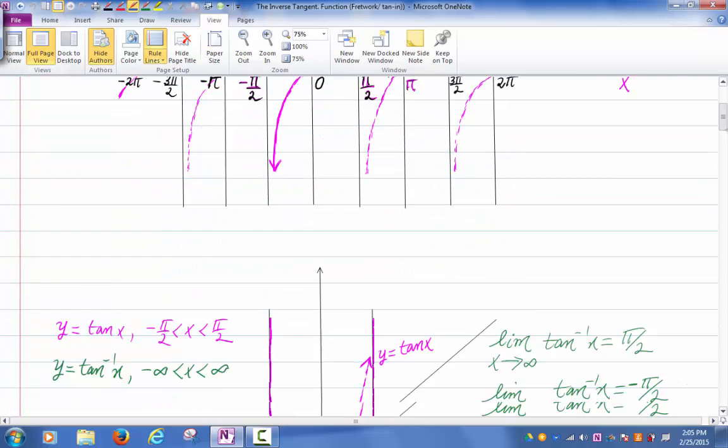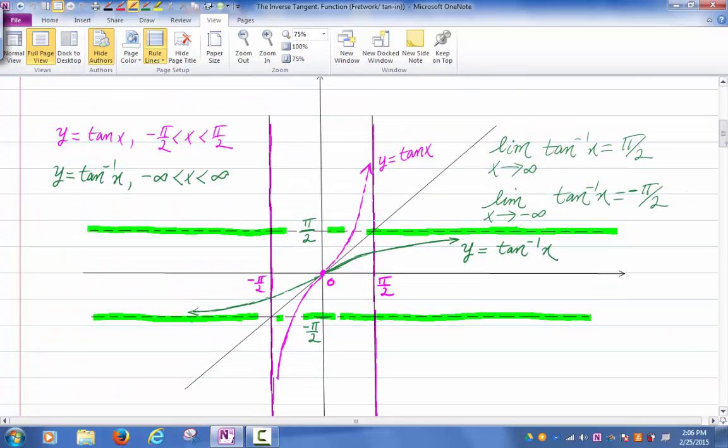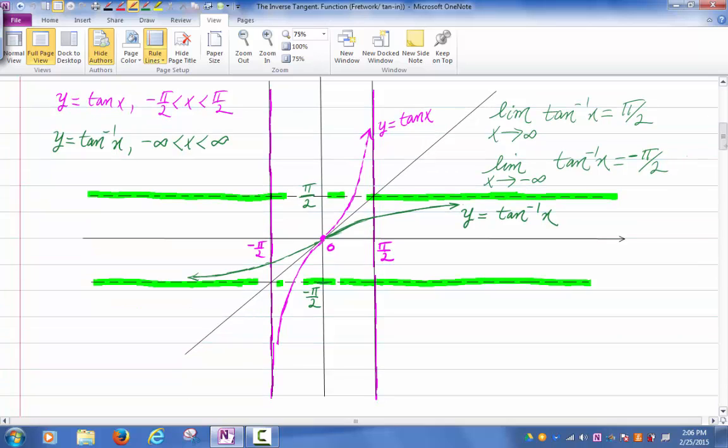So now I'm going to concentrate on this. Here the pink curve is the graph of tangent of x between -π/2 and +π/2. That's the graph of tangent.